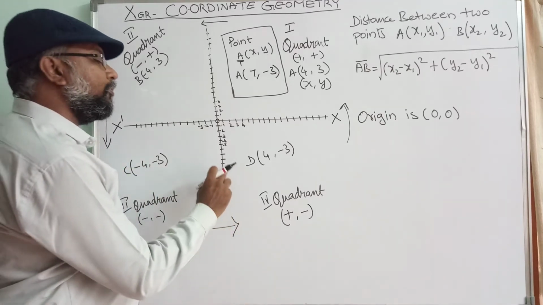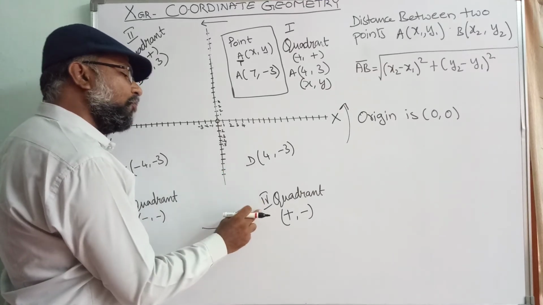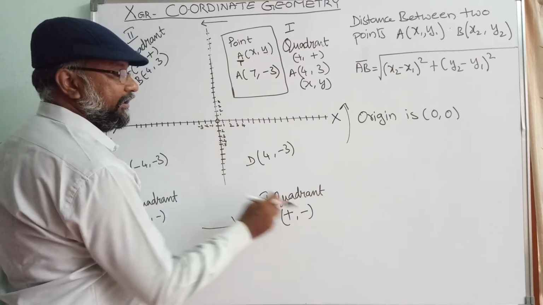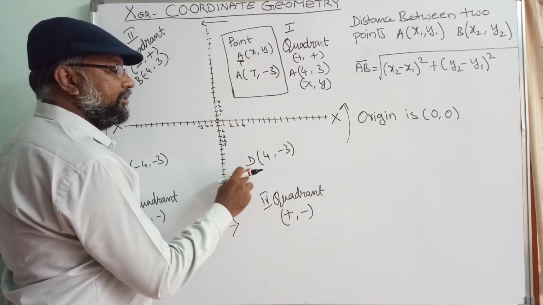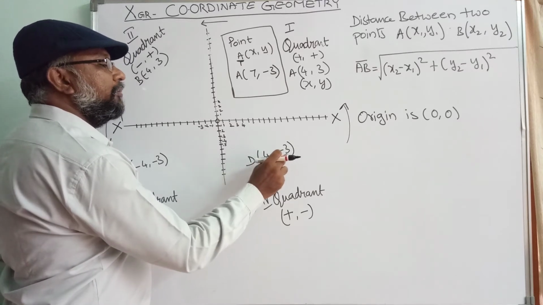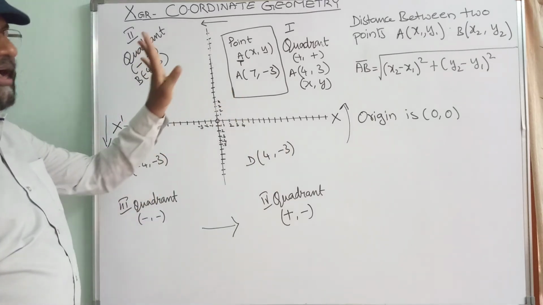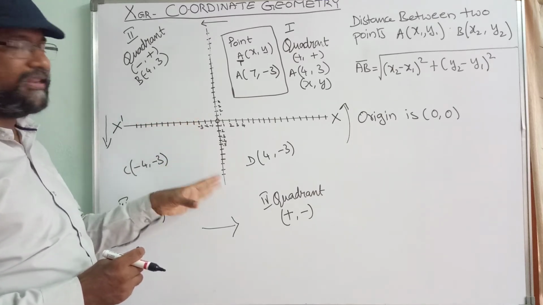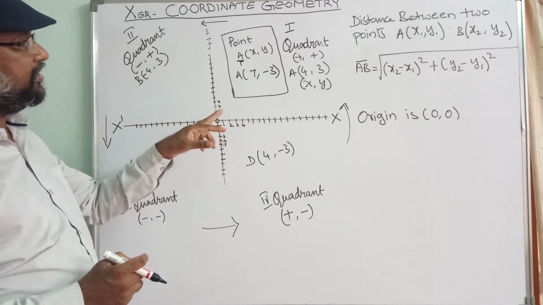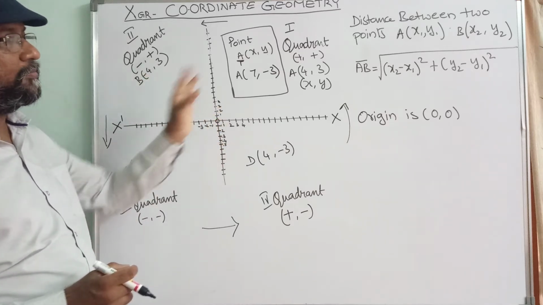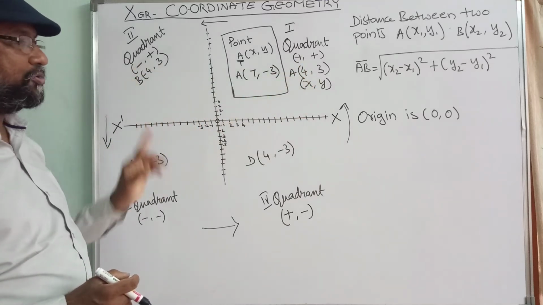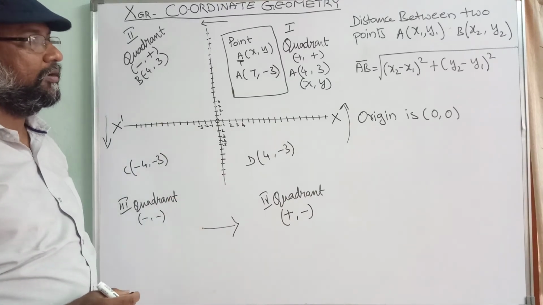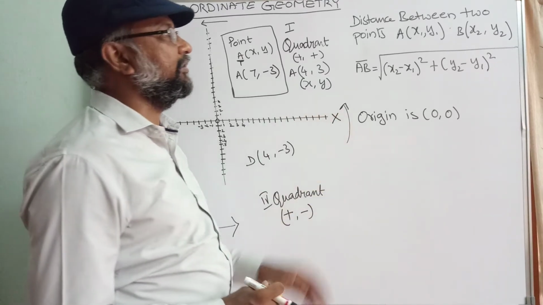And for a point in the fourth quadrant, x is positive and y is negative. Therefore, an example is (4, -3). So first we had a Cartesian plane, and then four quadrants with their different points: positive, positive; negative, positive; negative, negative; positive, negative. That's all. Now, let's come to our lesson.